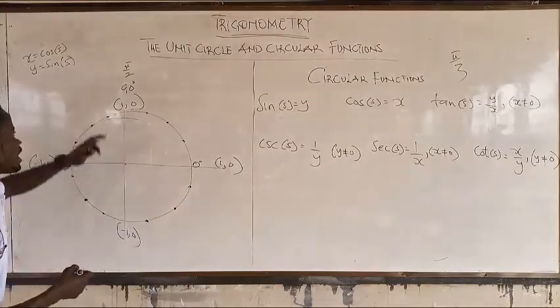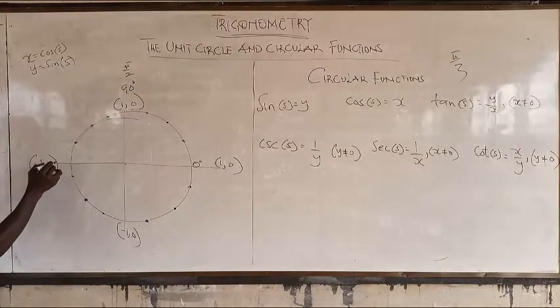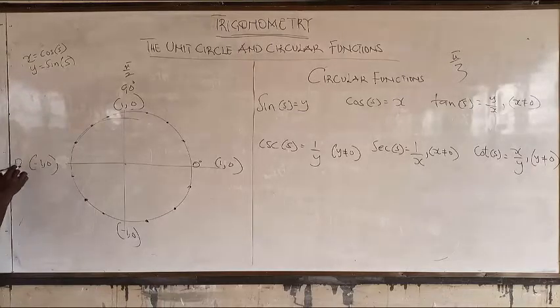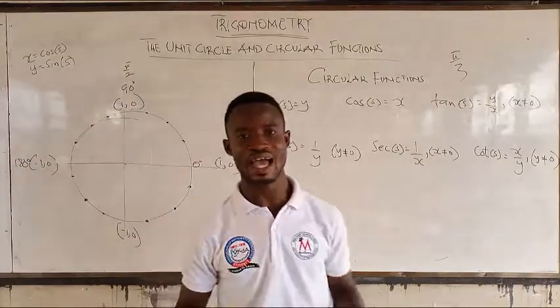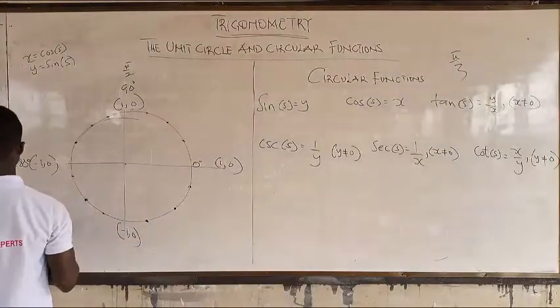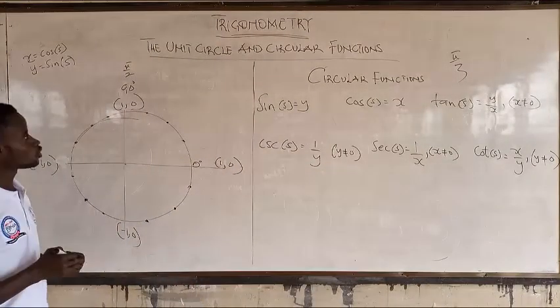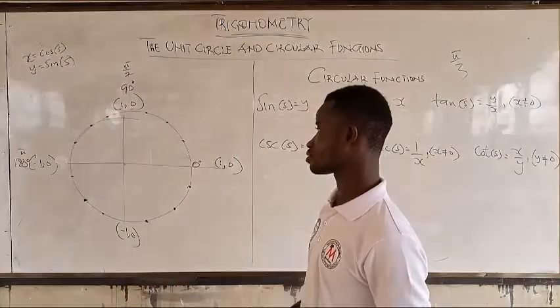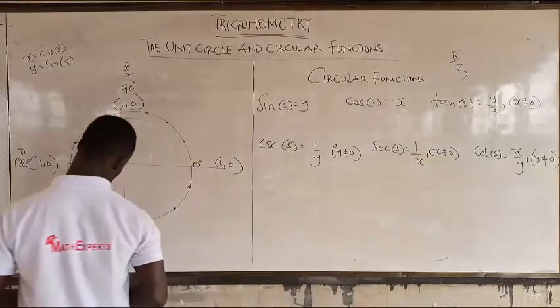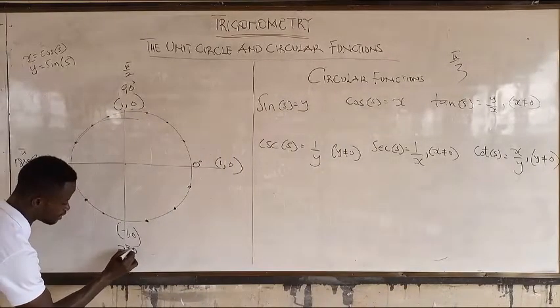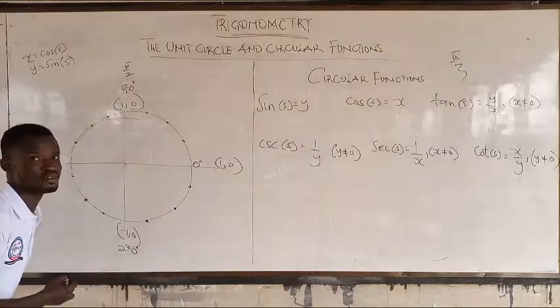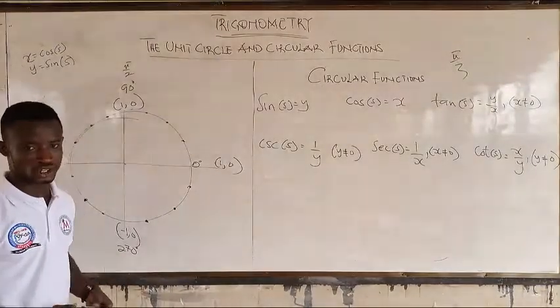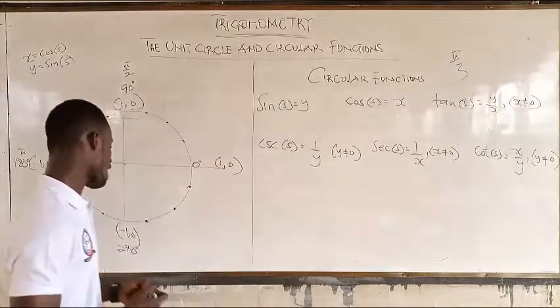Here is 180 degrees. And we know that 180 is the same as pi. Let's go for this. This is 270 degrees, and that is the same as 3 pi on 2.